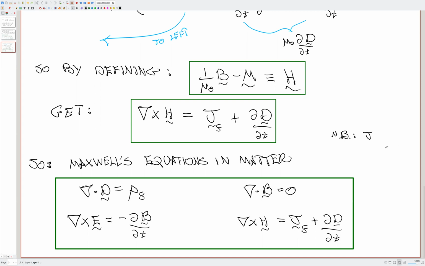So the dD/dt is known, sorry, as the displacement current.